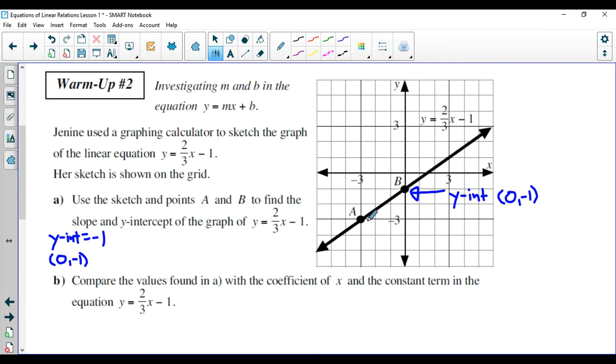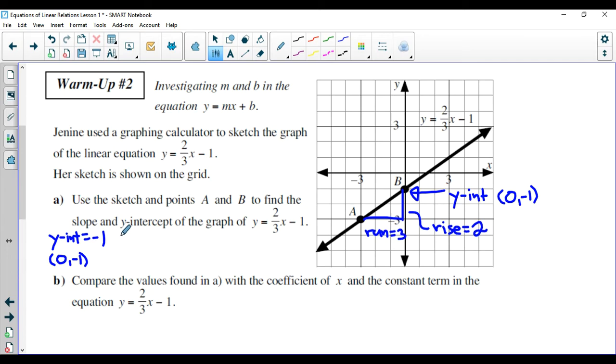Now to get the slope, because I already have a graph, I think the easiest thing to do right now would be to draw a slope triangle. If I do a slope triangle, my run would be equal to 3, and my rise, because I'm going up and towards the right, would be 2.